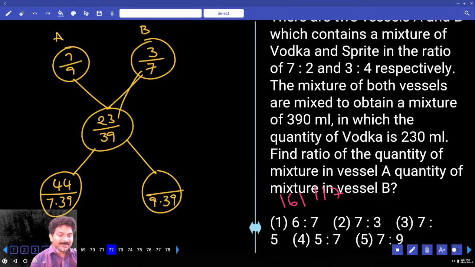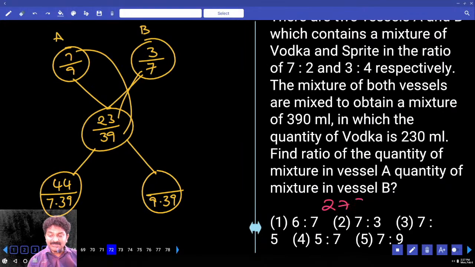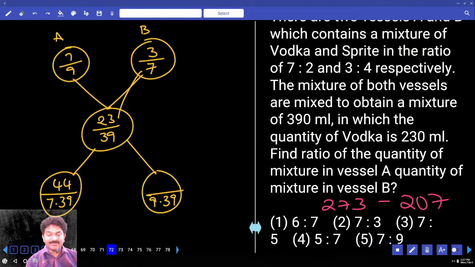That is the denominator. 7 into 39. 40 times minus 1 time. 280 minus 7. 273. 9 times of 23. 10 times minus 1 time. 230 minus 23. 207.